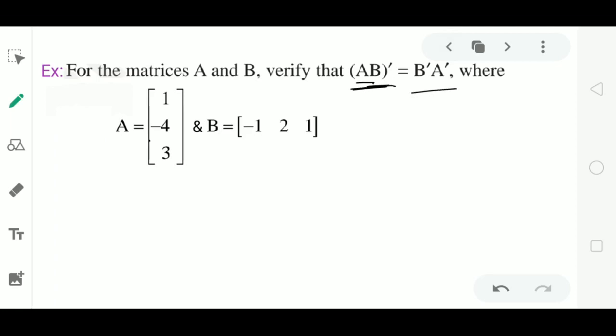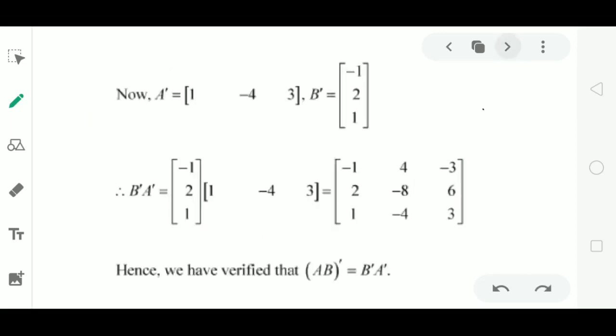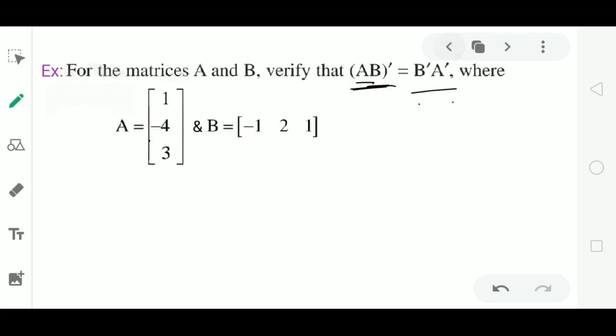Next, for the RHS, we have to find B dash and A dash first, and then we find the product of B dash and A dash. For A dash, we have the matrix A of order 3 by 1, 3 rows and 1 column.